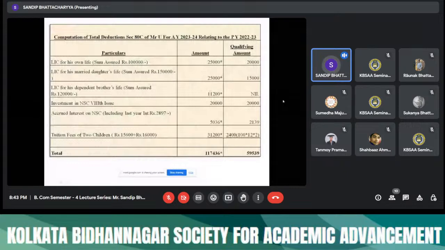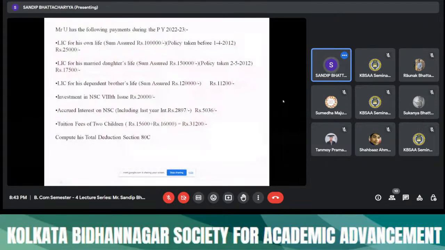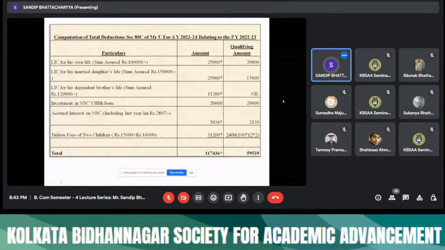Next is investment in NSC 8th issue, rupees 20,000. So the full amount will be deducted. Next is the accrued interest on NSC. Total accrued interest is 5036, including last year. Now, there is one point here.